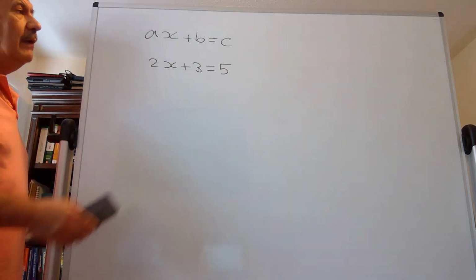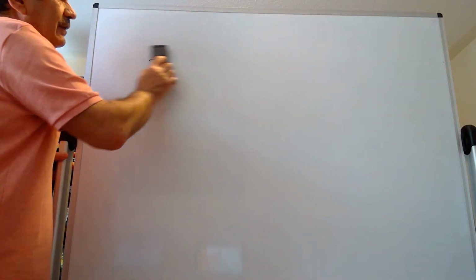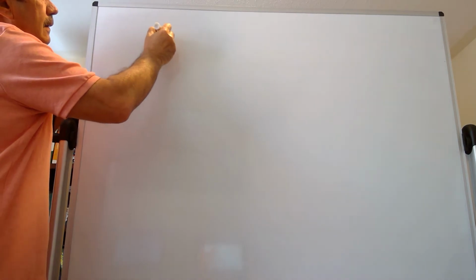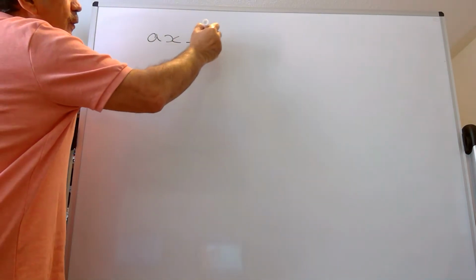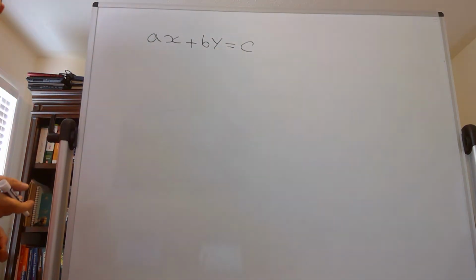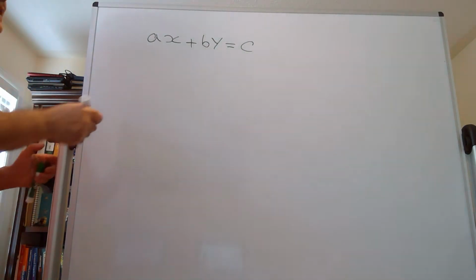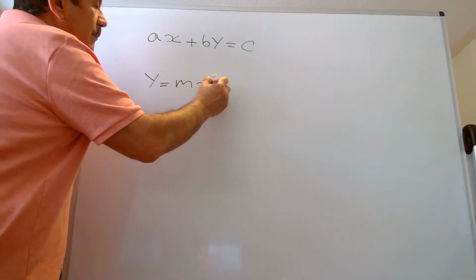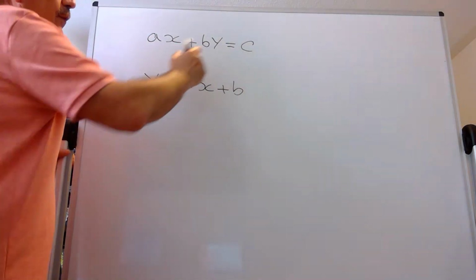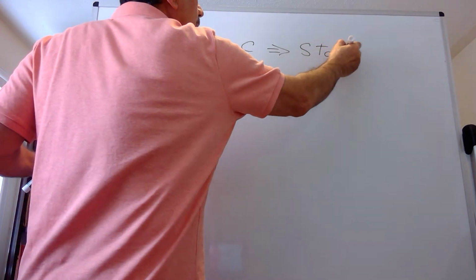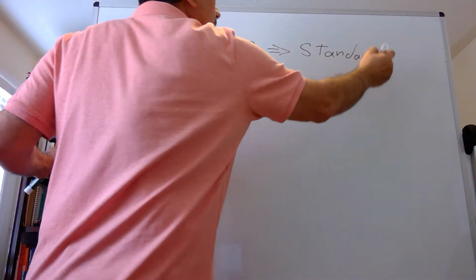Now, in this video, I'm going to talk about linear equations in two variables, which have the general format ax plus by equals c. This is one format. The other format is y equals mx plus b. The top one we call the standard format.